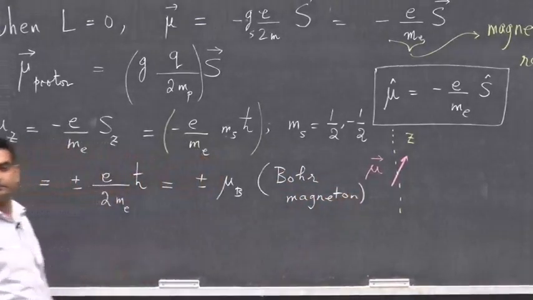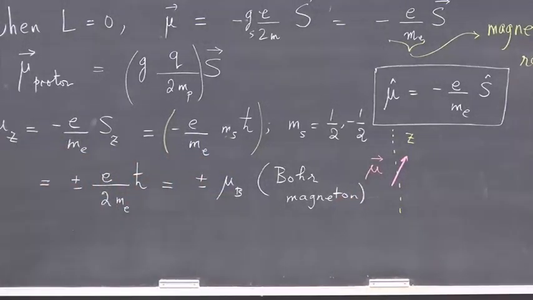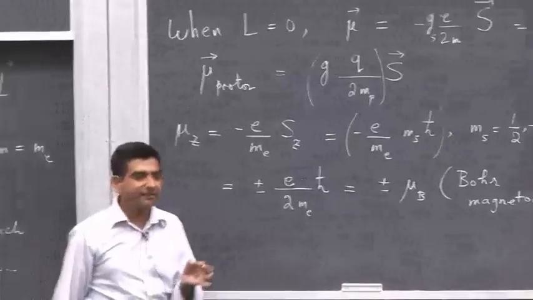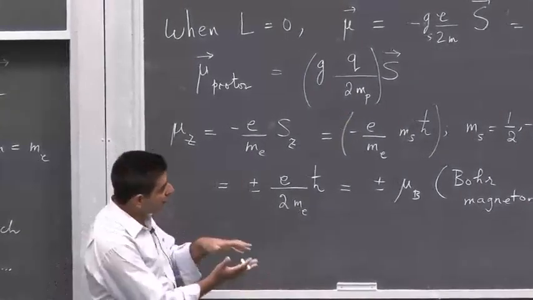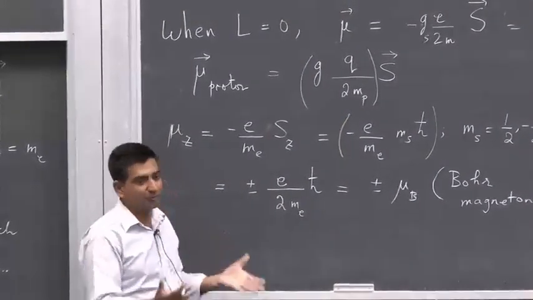Just like charge is quantized and you measure charge in units of the charge on an electron, and lengths are measured in terms of the Bohr radius, a0, 0.529 angstroms, in the same manner the magnetic moment is measurable in quanta, and each quantum is called a Bohr magneton.